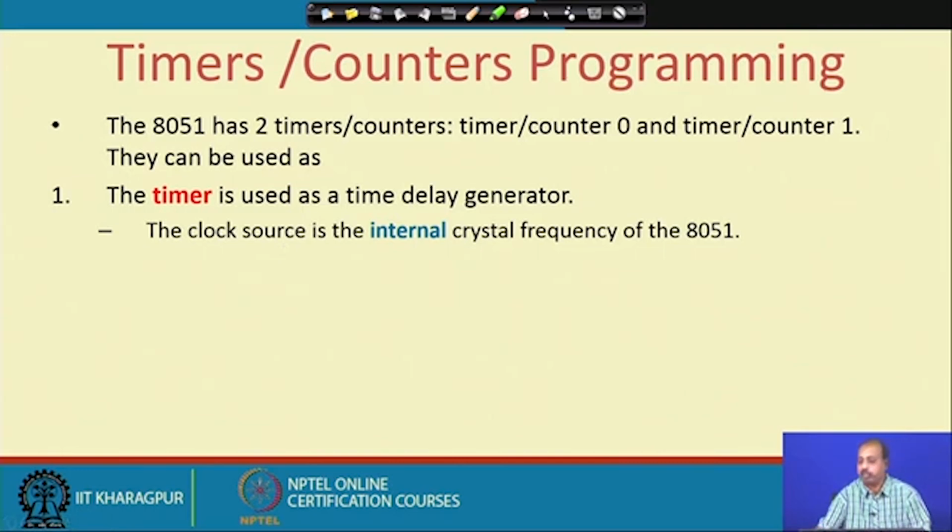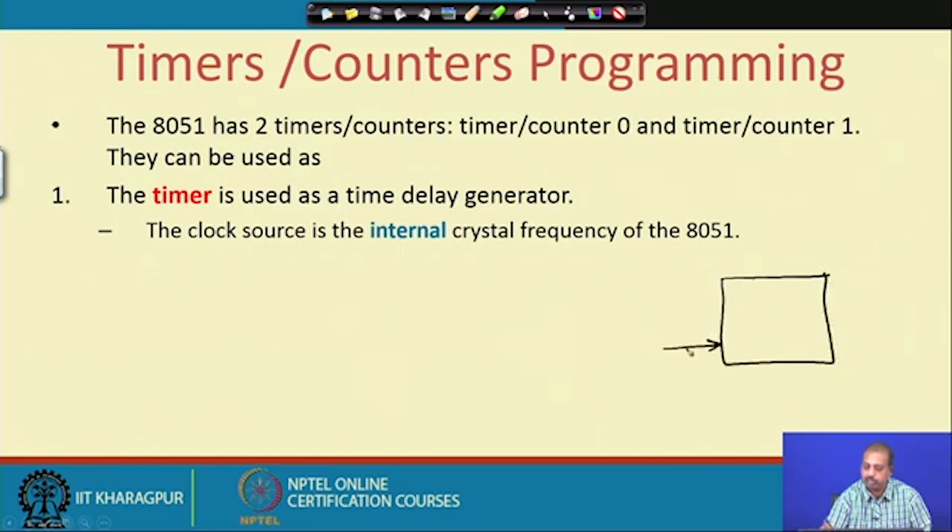Whenever we have a timer module or a counter module, first of all it has to be operated with some clock signal, and there will be some initial value loaded into the timer. This initial value will be loaded, and then the clock pulses come in.